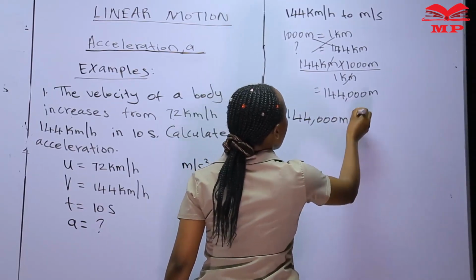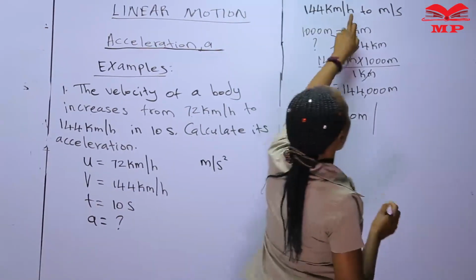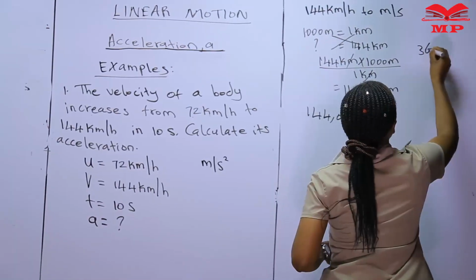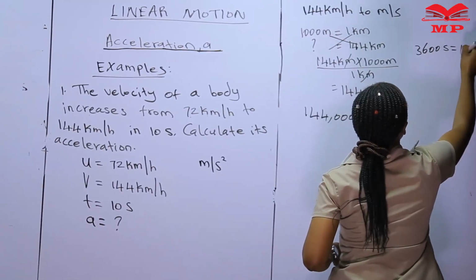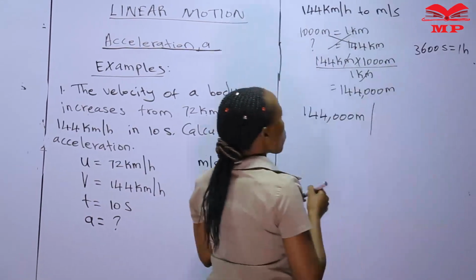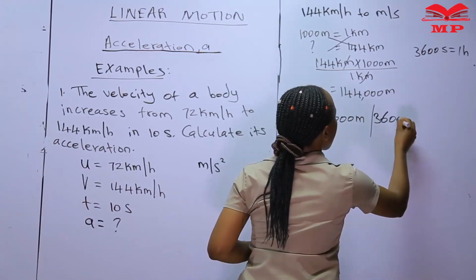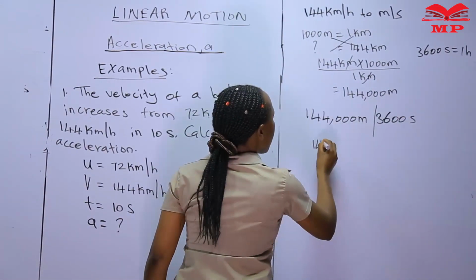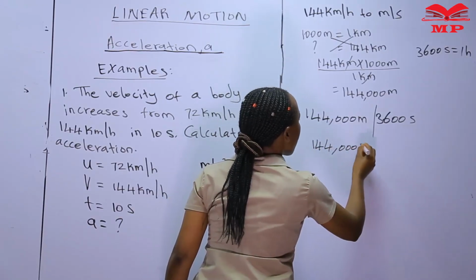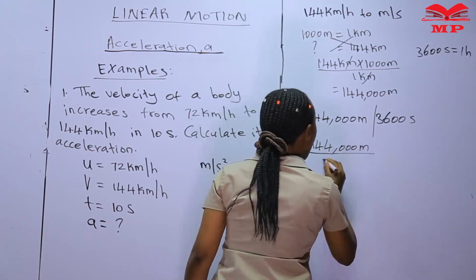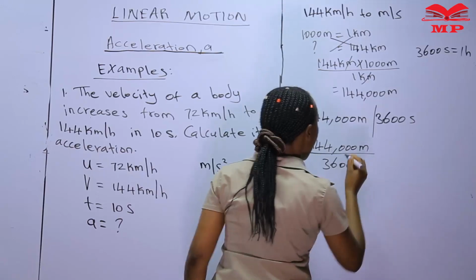So therefore, it is 144,000 meters per hour. And we have said that 3,600 seconds is an equivalent of 1 hour. So this means it is 144,000 meters divided by 3,600 seconds.